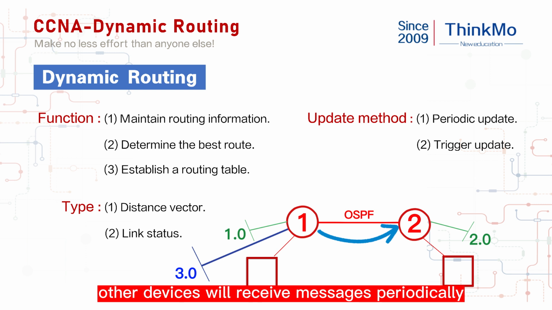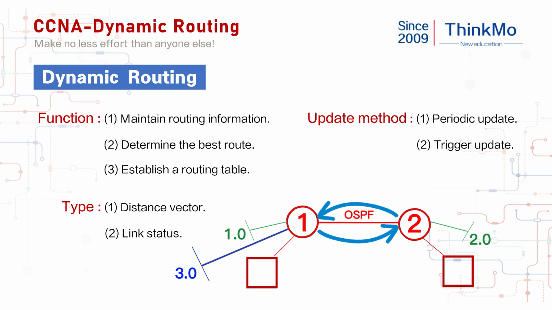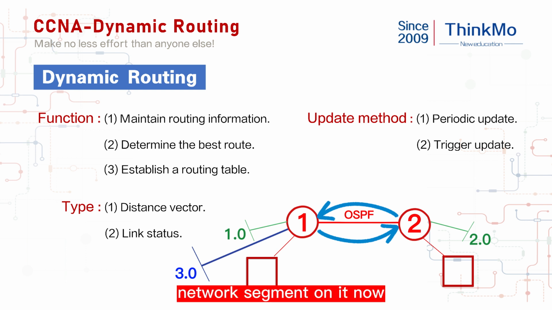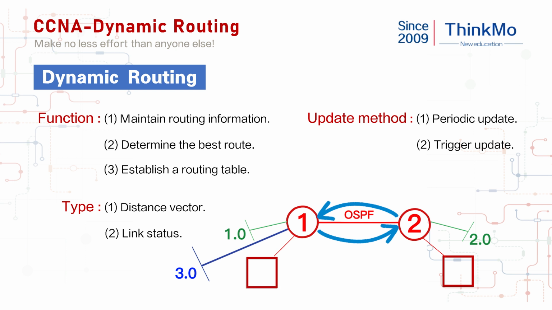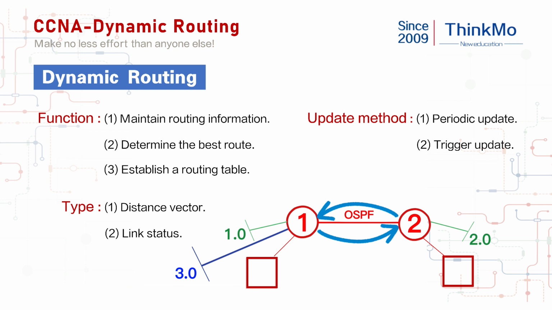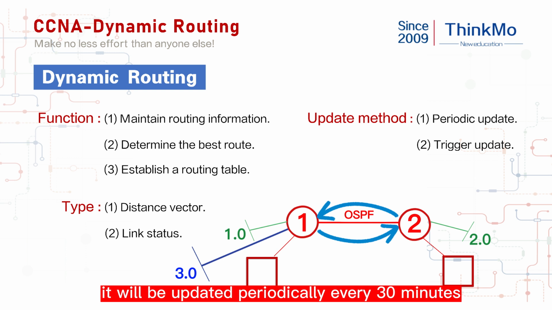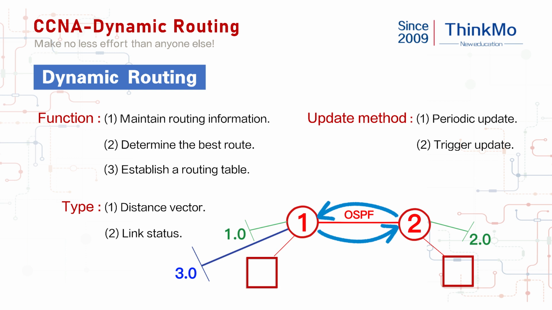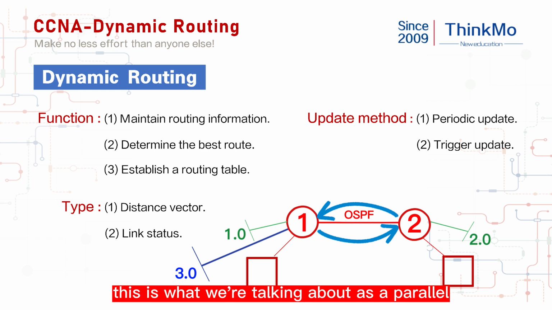Other devices will receive the messages. It is a triggered update. As long as there is an extra network segment on it now, it will tell other devices that there is an extra network segment on it. Besides, it will be updated periodically every 30 minutes. This is what we're talking about as a parallel between the two.